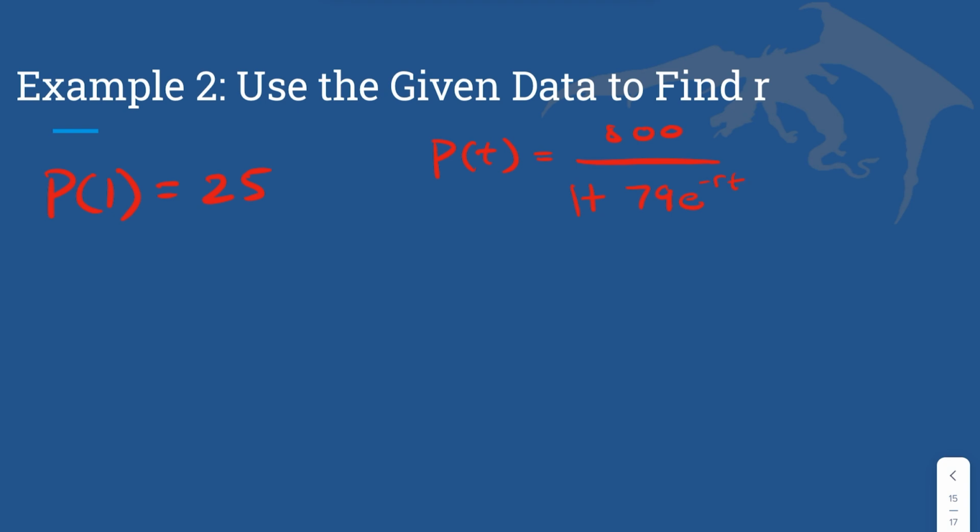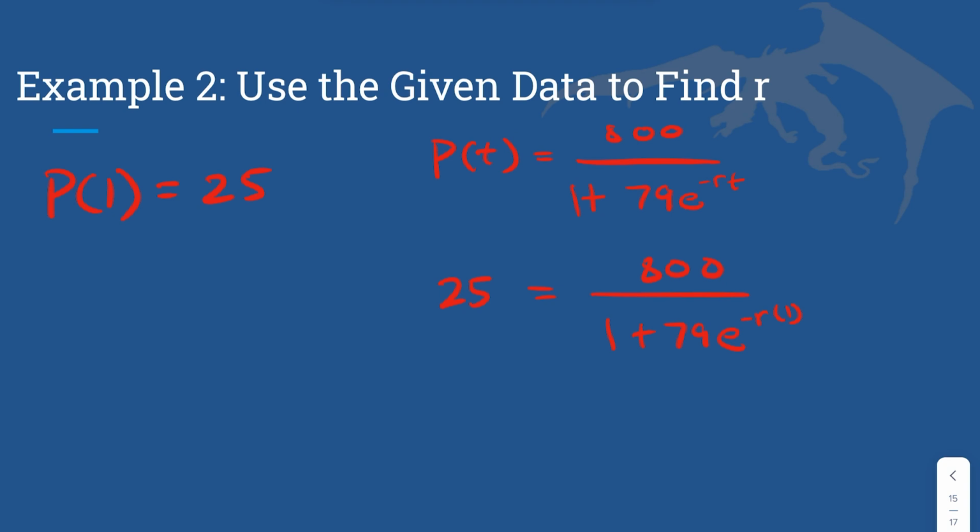All right, and so we're just going to plug in. P of T at 1 is equal to 25, so 800 over 1 plus 79 times E to the negative R times 1.